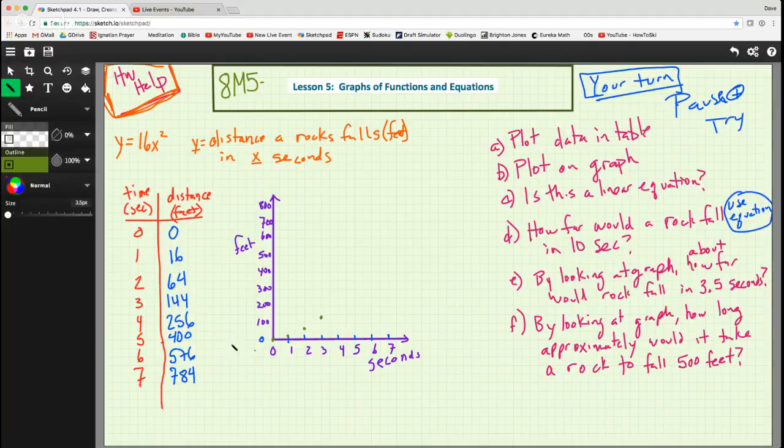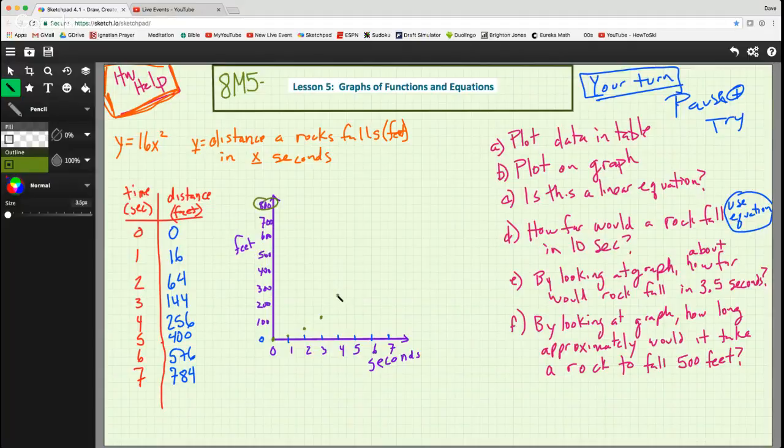And notice why I made this be 800, because I knew that I had to fit 784 on here. So I had to use a scale where 800 was at the top. If I would have started going 10, 20, 30, I would have had 100 at the top, and I wouldn't have been able to fit all these y values on. 4 comma 256 is right about here.